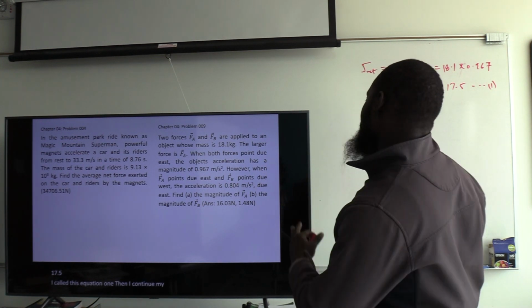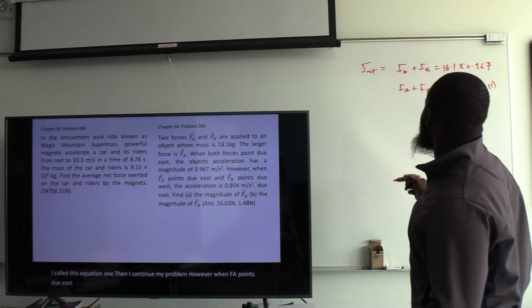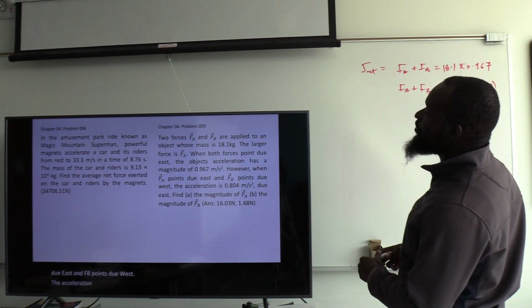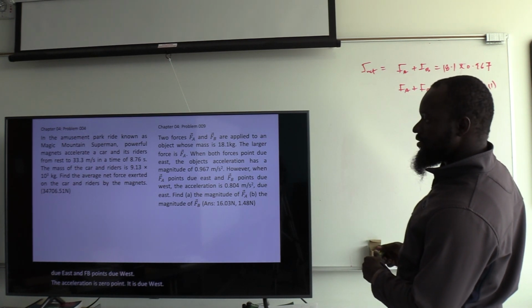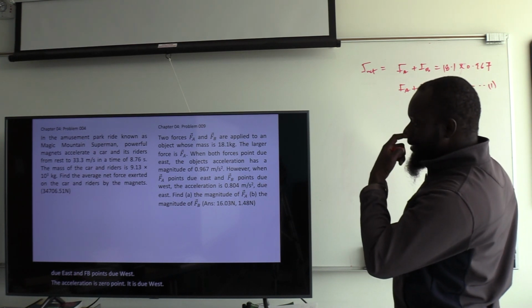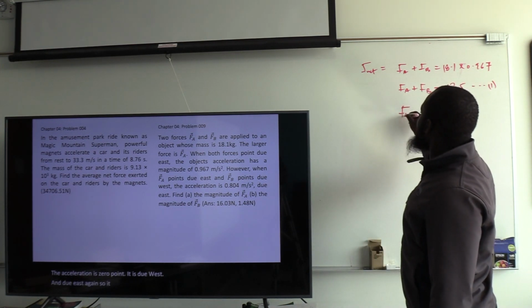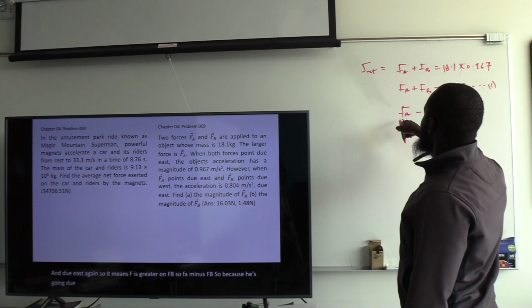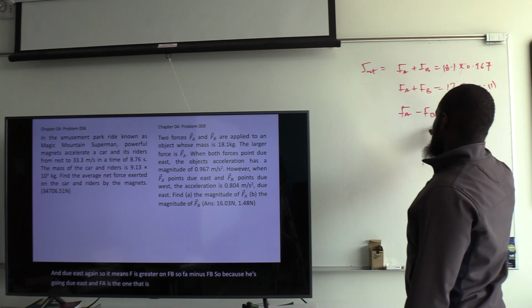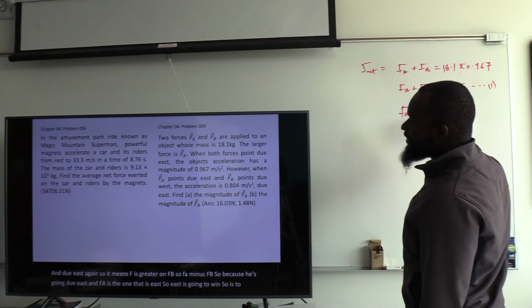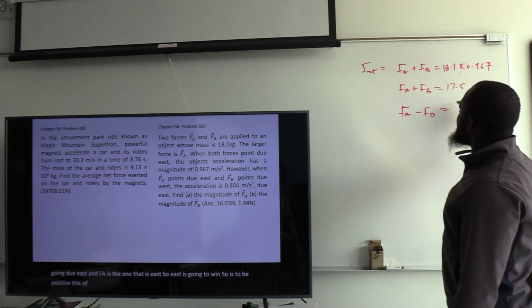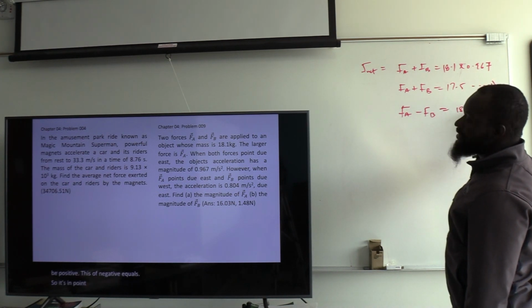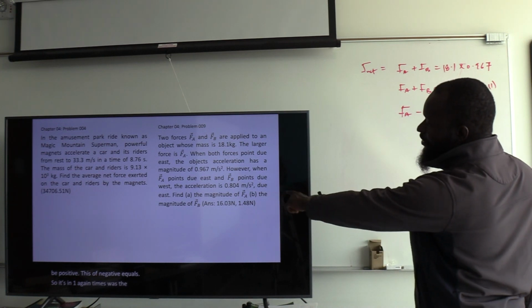However, when FA points due east and FB points due west, the acceleration is 0.804 due east. So it means FA is greater than FB. So FA minus FB. Because it's going due east and FA is the one that is east, east is going to win. So east will be positive, this one will be negative, equals 18.1 again times, what's the acceleration due east? 0.804.